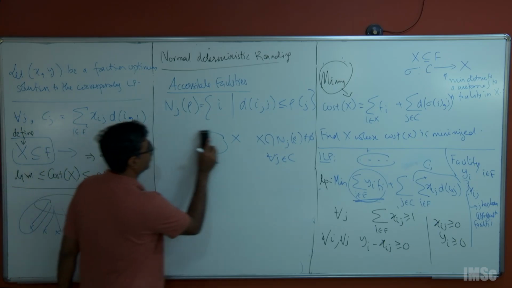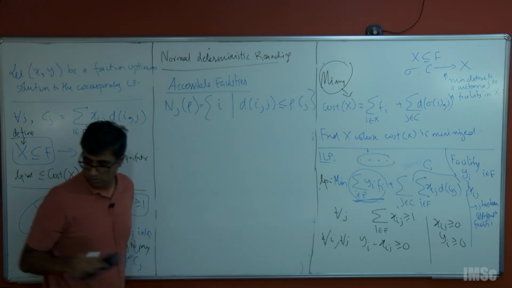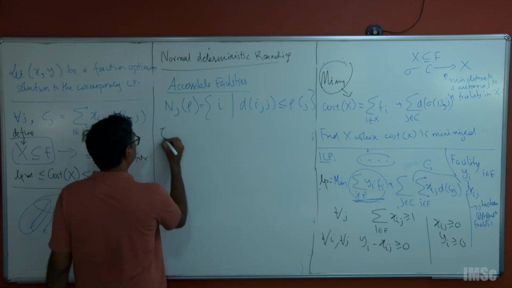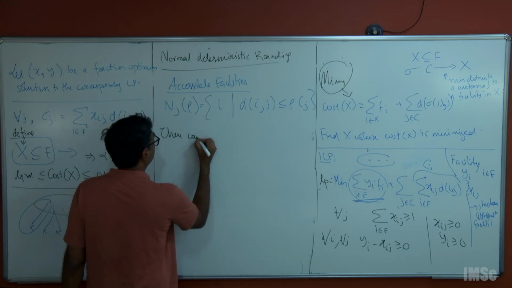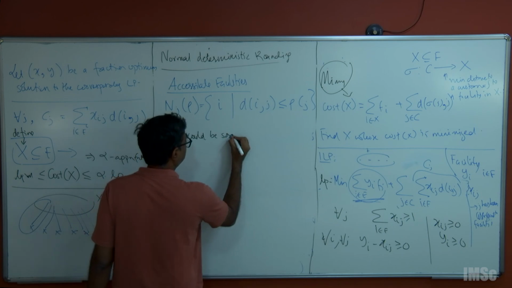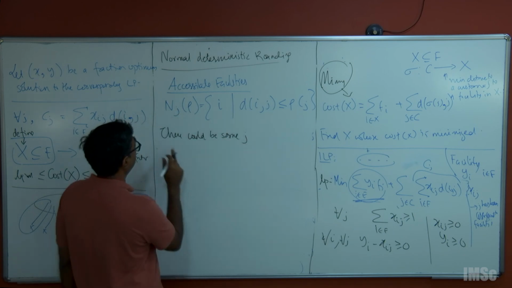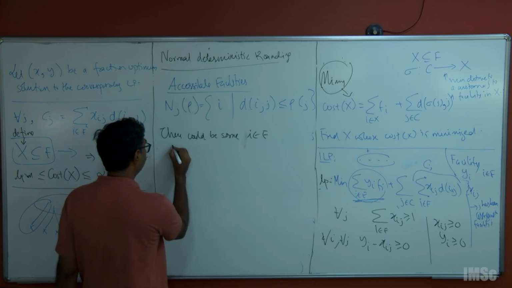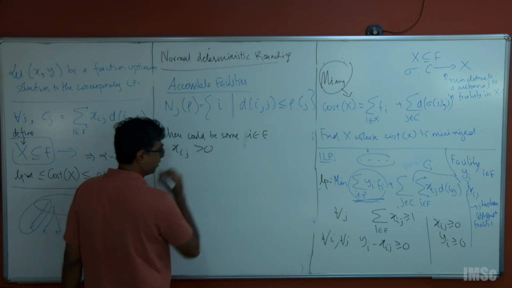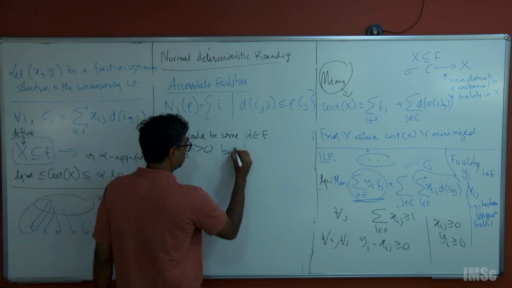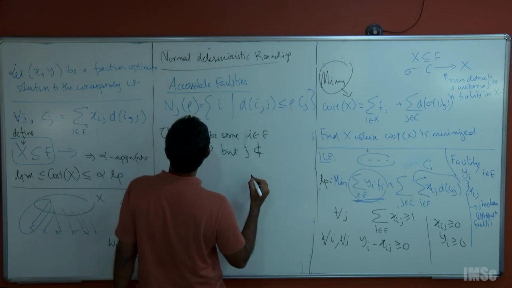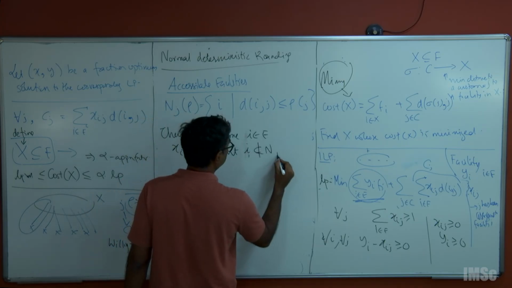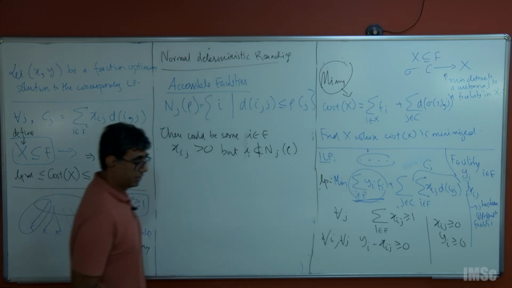Observation 1, notice: there could be some i in my facilities such that xij is greater than 0, but i does not belong to my accessible set.